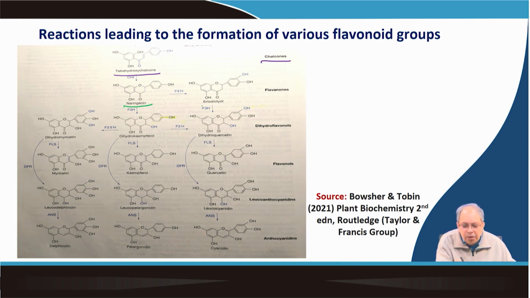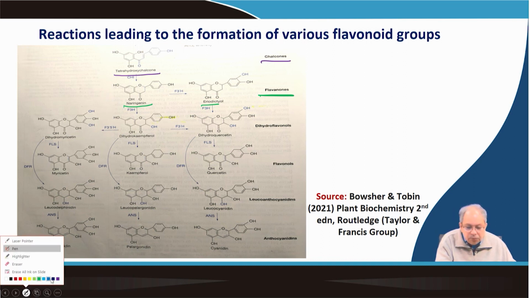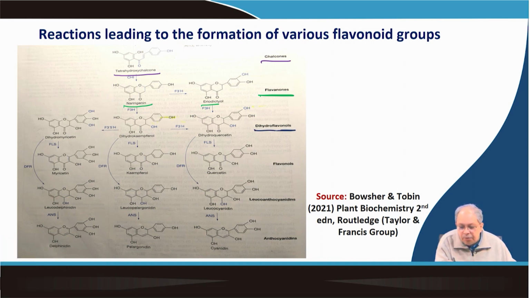Both eriodictyol and naringenin come under flavanones, and then subsequently flavonoid 3 hydroxylase, F3H, makes the dihydroflavonols, which are dihydrokaempferol, dihydroquercetin or dihydromyricetin. So, these are called dihydroflavonols, and the enzyme is flavonoid 3 hydroxylase.